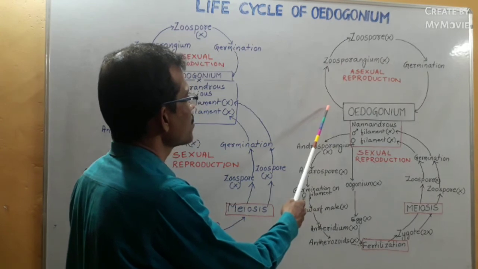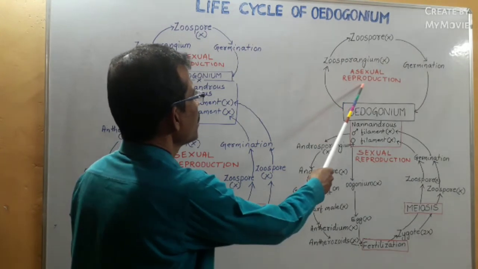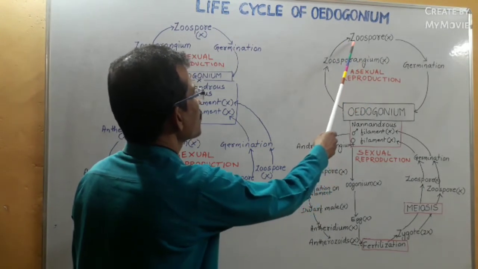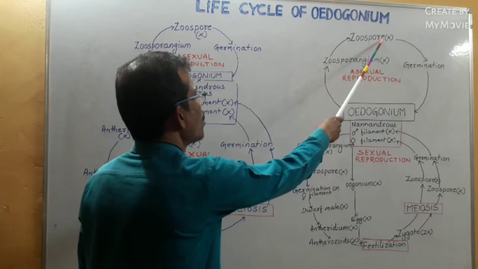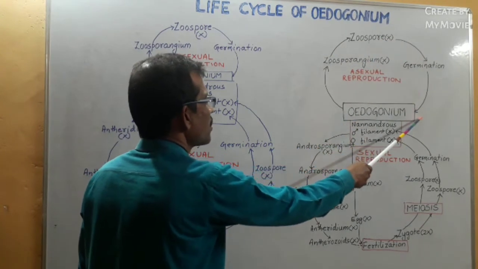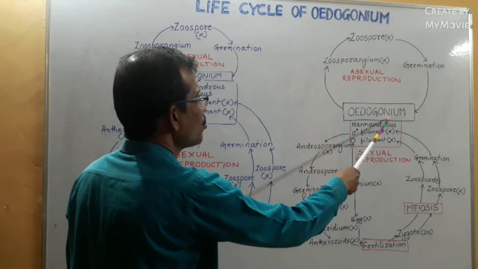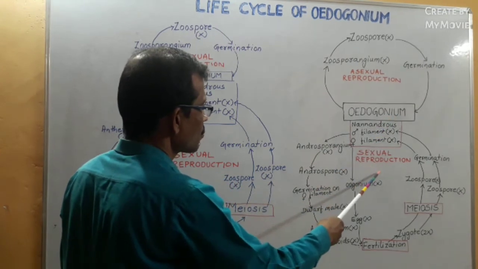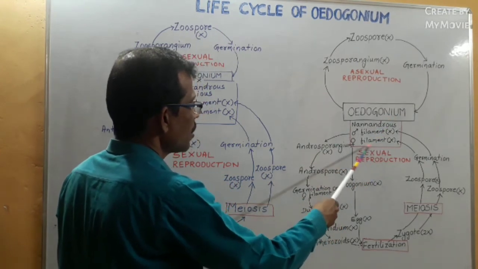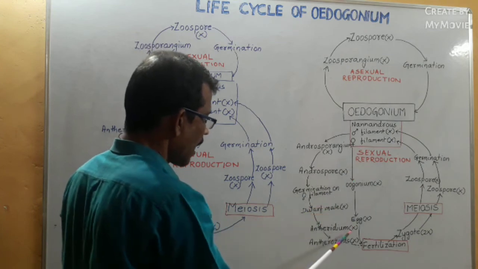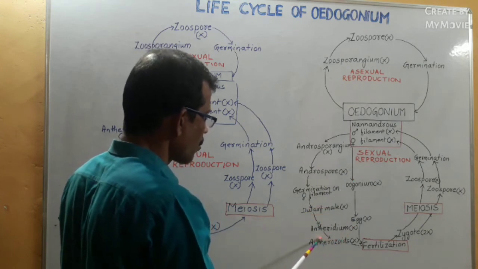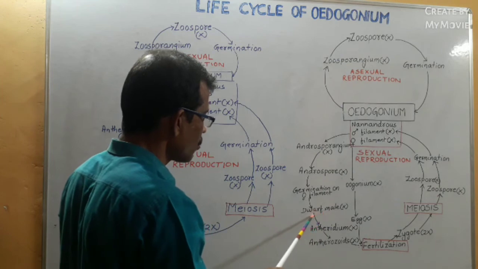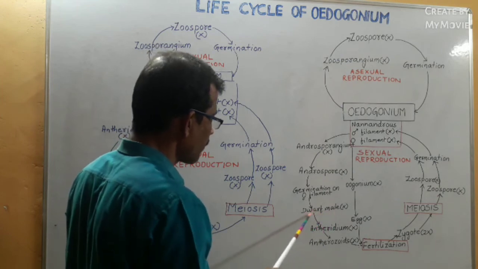Like other species, here also asexual reproduction occurs through the formation of zoospore, which upon germination gives rise to a new filament. Then sexual reproduction. In Nannandrous species, antheridia are borne on short filament known as dwarf male.